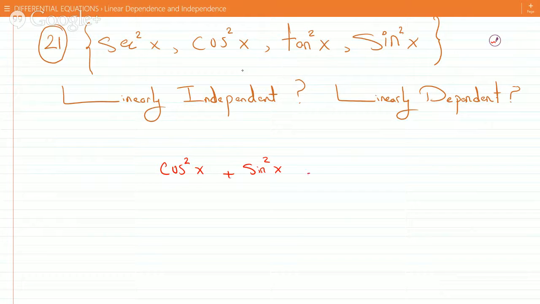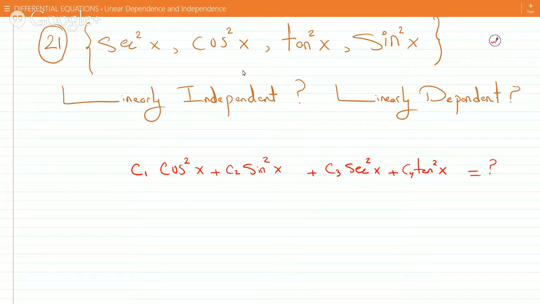Okay, and so here we have secant squared x plus tan squared x, yeah? Okay, and then I'm supposed to put a C1 here, a C2 here, a C3 here, and a C4 here.